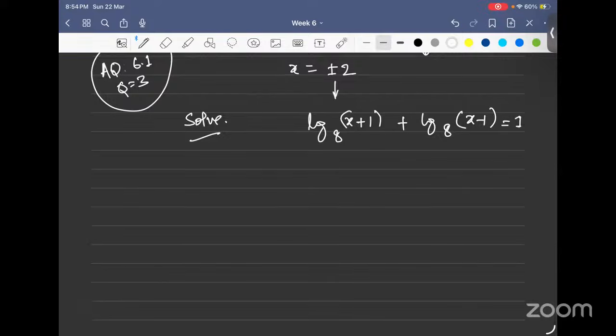So the change of base rule we will take here: log of x plus 1 to the base e divided by log 8 to the base e, plus log of x minus 1 to the base e divided by log 8 to the base e equals 1. In this way, can we solve it?